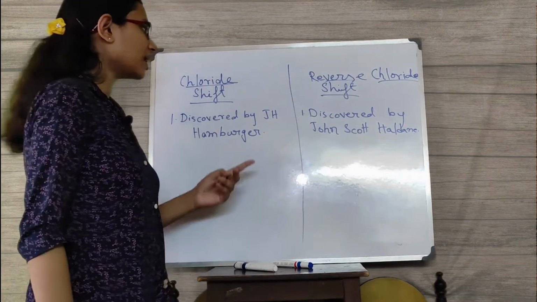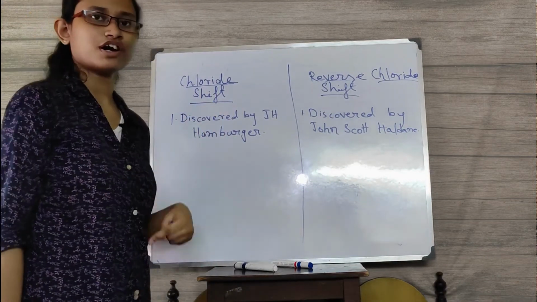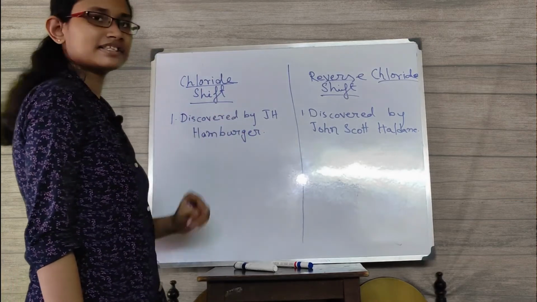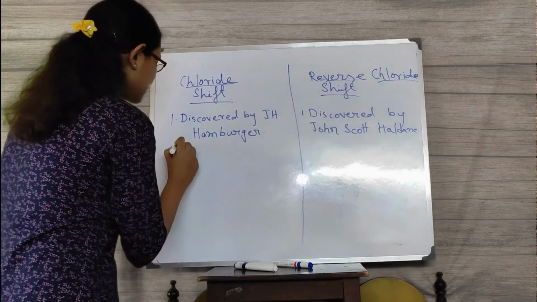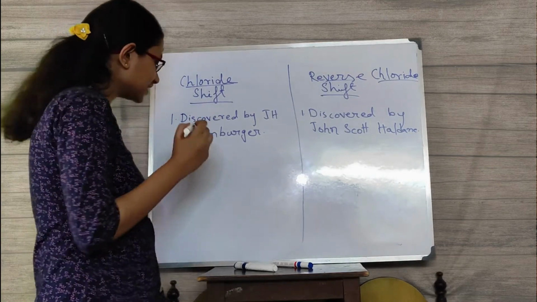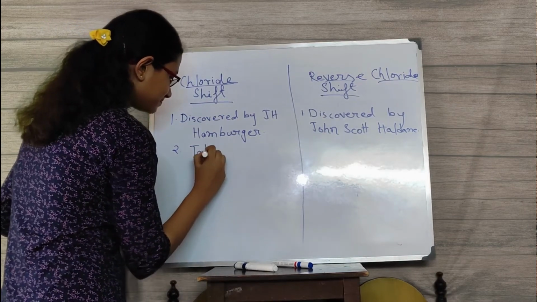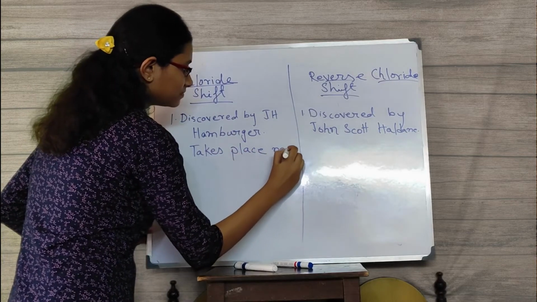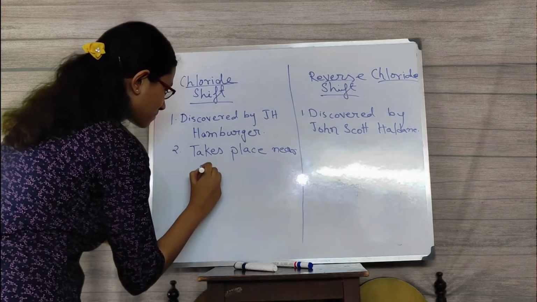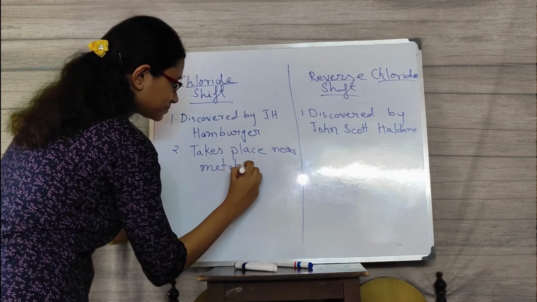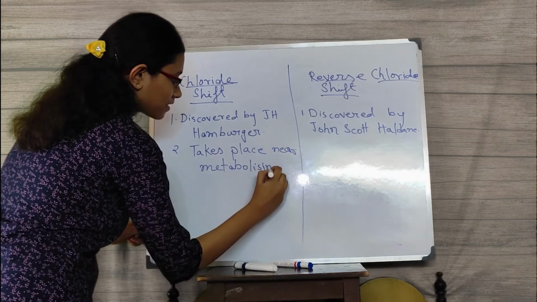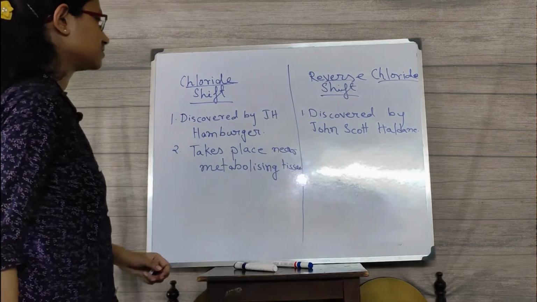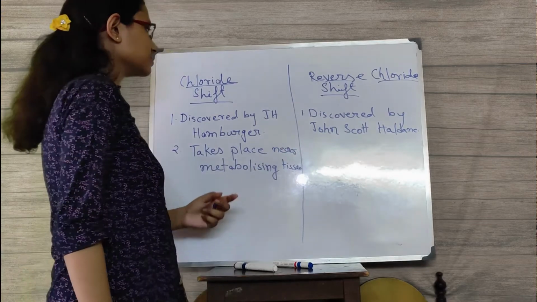Now in the chloride shift we needed carbon dioxide. There was a rapid influx of carbon dioxide. So where do you think this method will take place? Yes, this method takes place near the metabolizing tissue. Where does the reverse chloride shift take place?